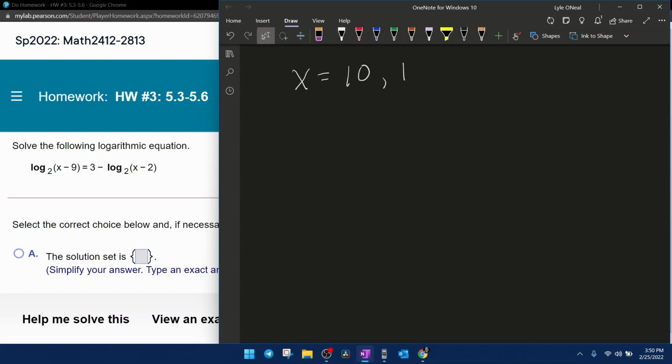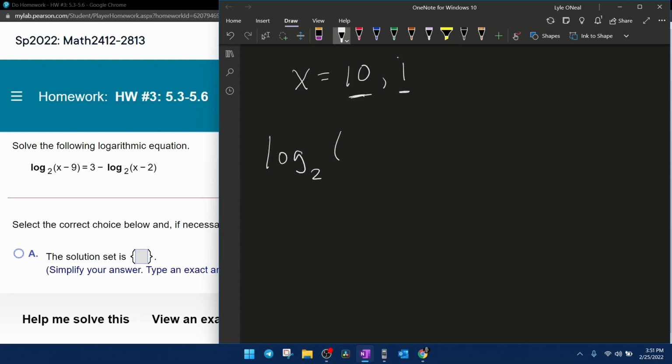Now, before I proceed to input these into MyLab Math and see if I'm right, I would like to remind you that a solution is only a good solution if it works in the original problem. So what I'm going to demonstrate is how to check these solutions to make sure that they're both valid solutions.